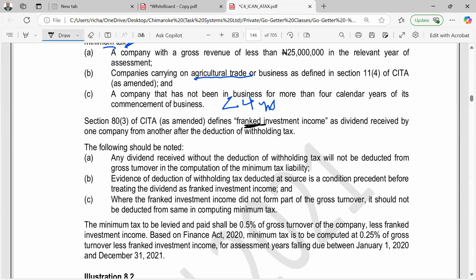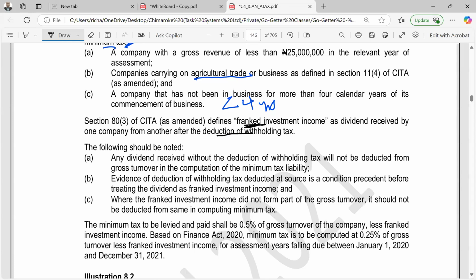So it means that this income will be added to your income, but because it has suffered withholding tax, it is going to be added to your income to show income from all sources and is going to be deducted because it is frank investment. But what makes it frank investment is the deduction of withholding tax.